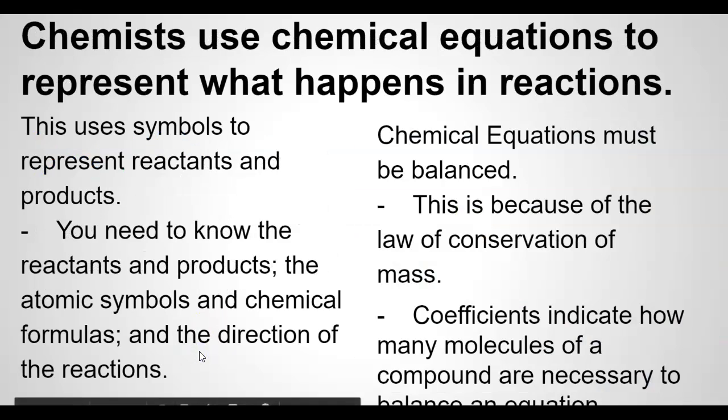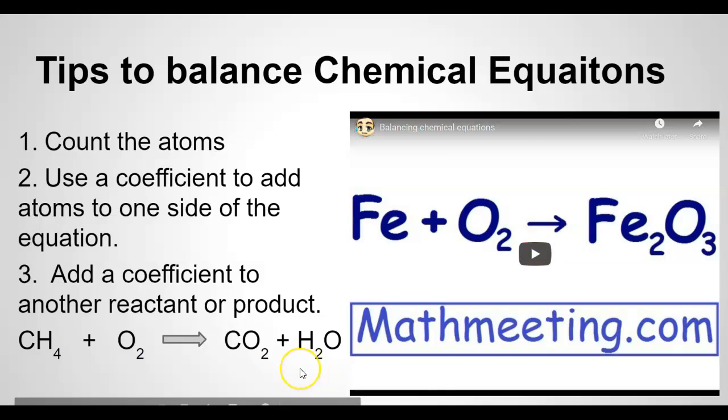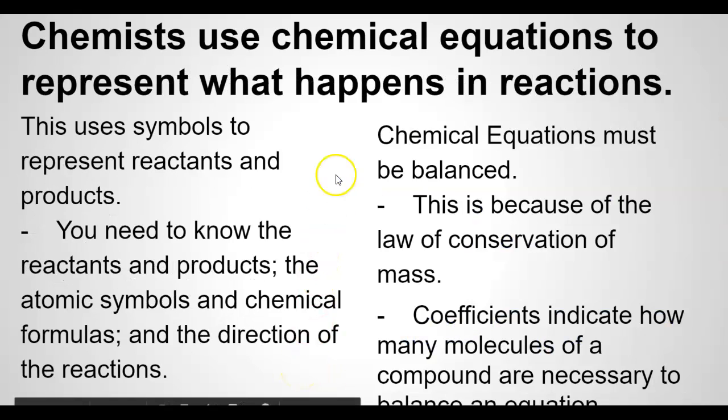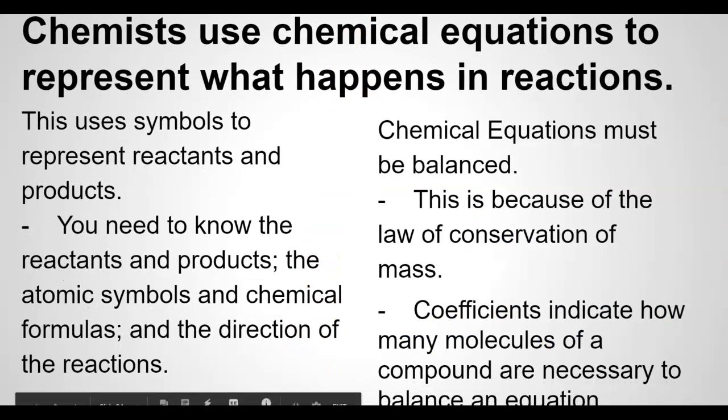To do this, we use chemical formulas, and we balance those chemical formulas with what we call a subscript. Oh, not a subscript, a coefficient, excuse me. So we use these symbols called coefficients.